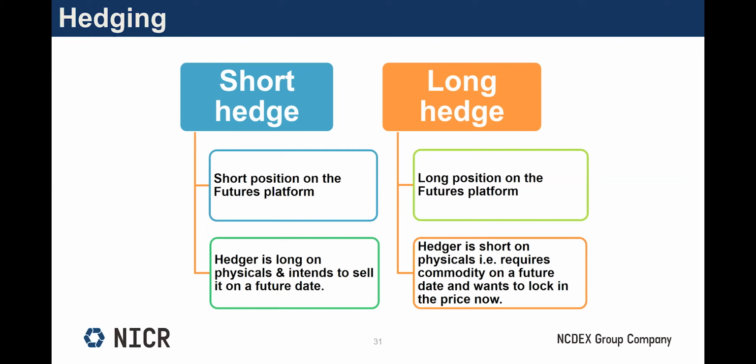So the primary concept here is that if you are long on physical, that means you either have the goods or are going to have the goods, the commodity, you are supposed to do a short hedge. If you are short on the physical, that means you are planning to buy, or buying, the commodity, you are going to go long on the futures. So it is always opposite positions from your physical market position to your futures market position.